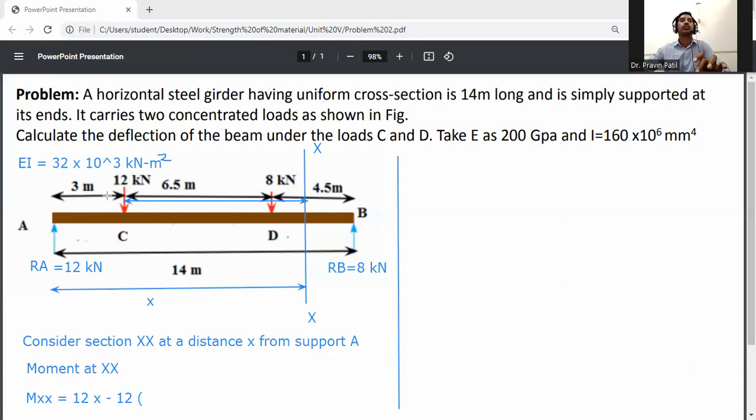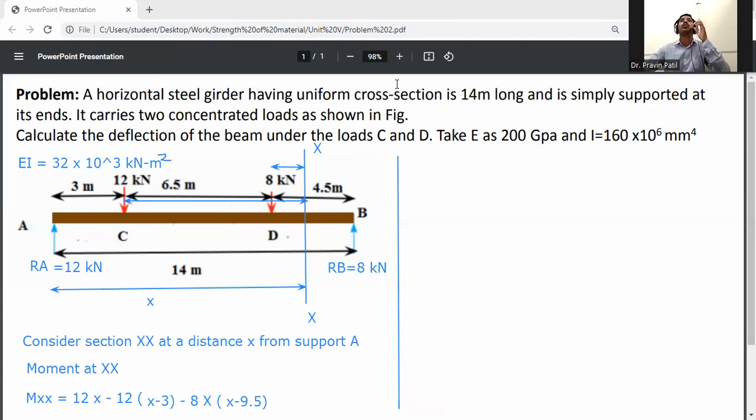Then minus 8 in bracket x minus 9.5, since 3 plus 6.5 is 9.5. This is the moment at x-axis.